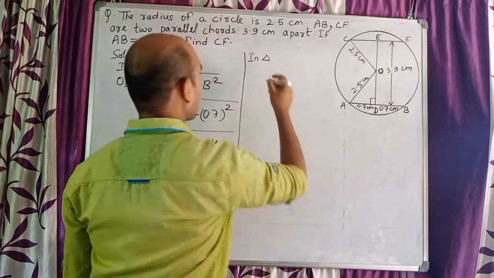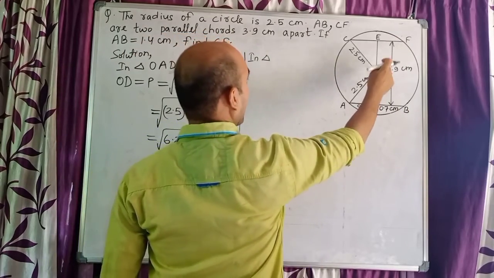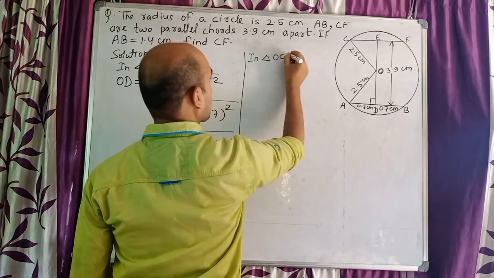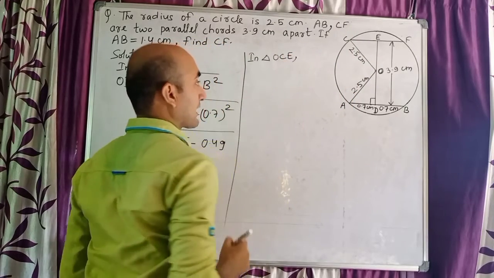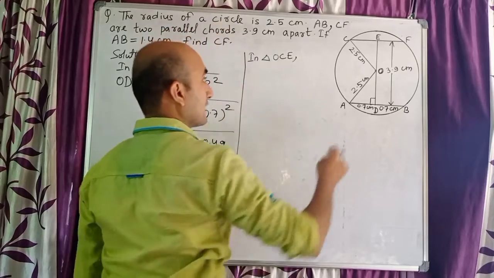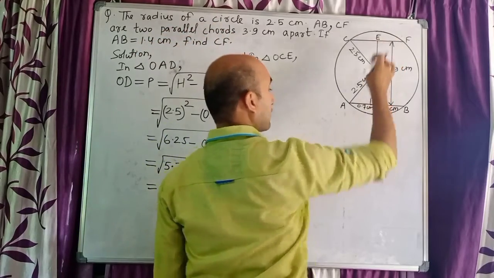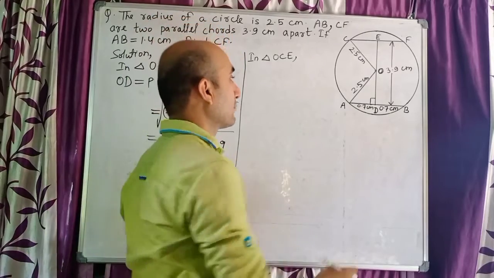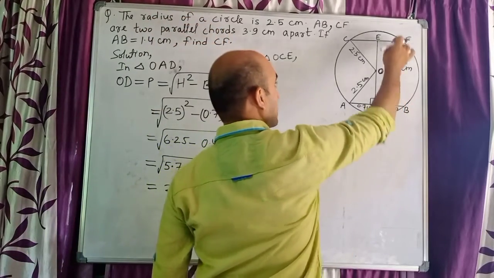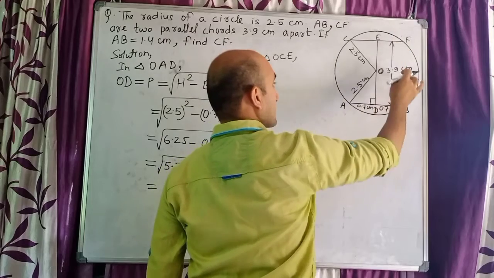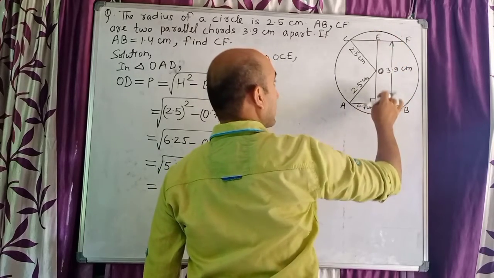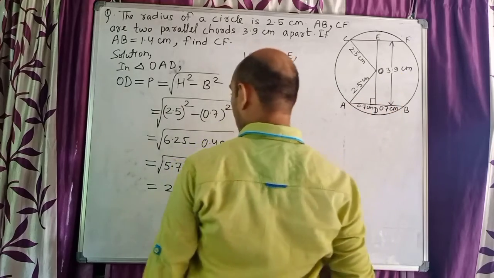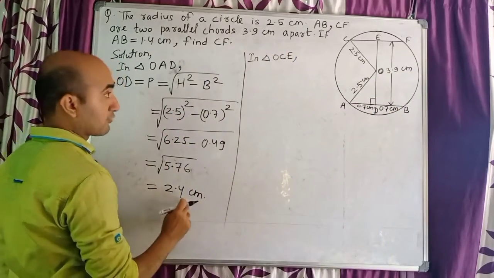Okay. Now I will take triangle OEC or OCE. In this triangle, one thing I want to say: now I can get the value of OE. That time I did not know, but I can know now. How? Because the total distance between these two chords is 3.9. So from D to E it is 3.9, and OD is 2.4.